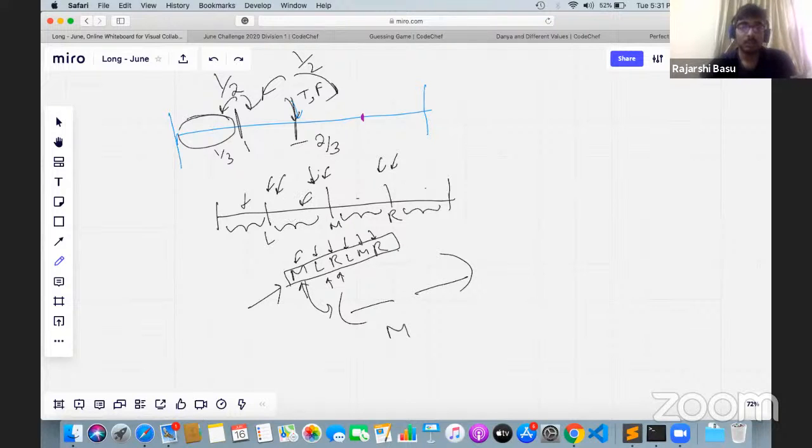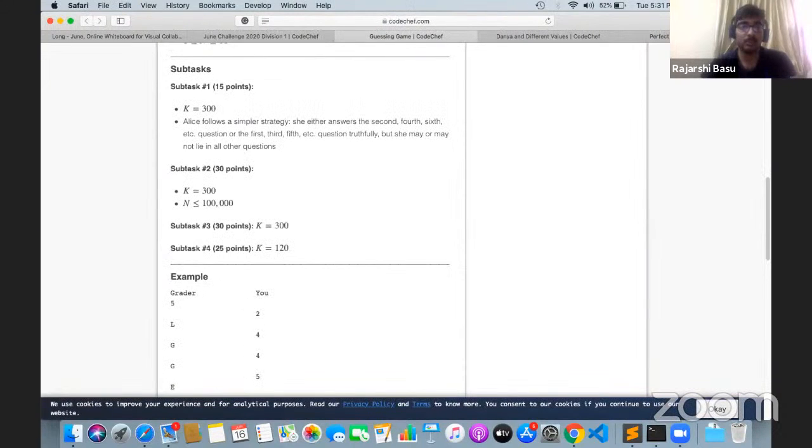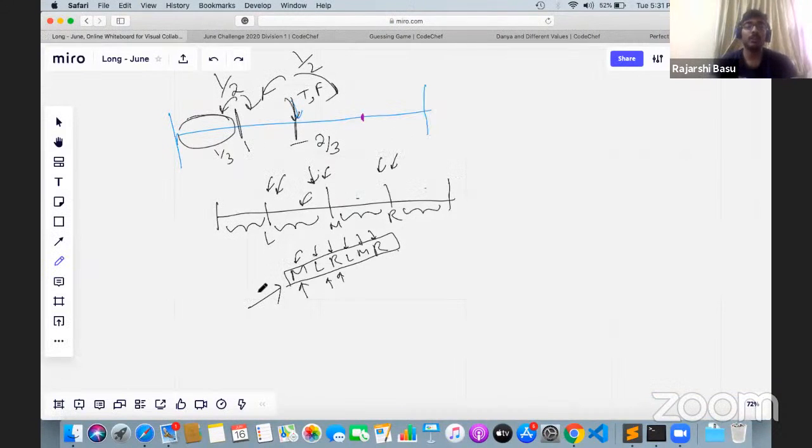So now that I know it's very hard to know which region in my entire set of possible values my answer lies in, I cannot fix a region.